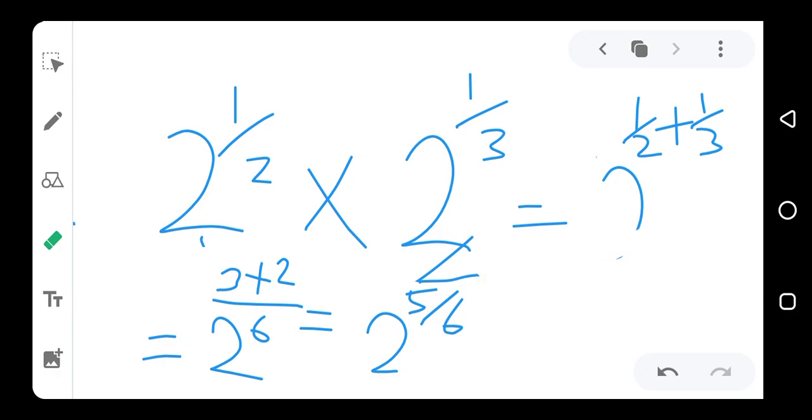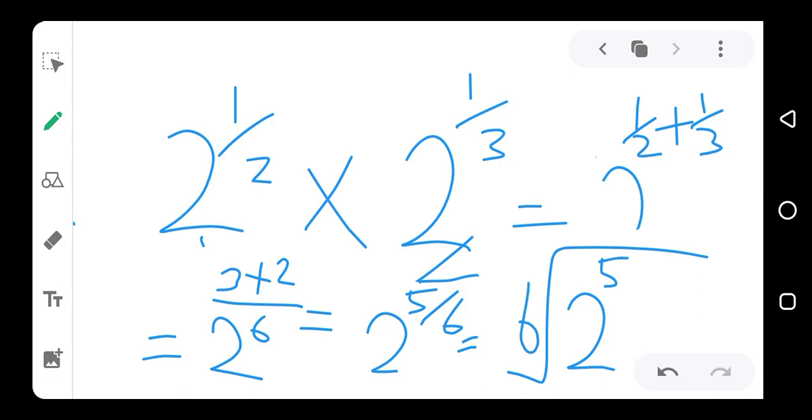So we write 2, we raise it to power of the numerator, which is 5, and then we find the roots. 6 is the denominator, so we write the 6 outside the roots.